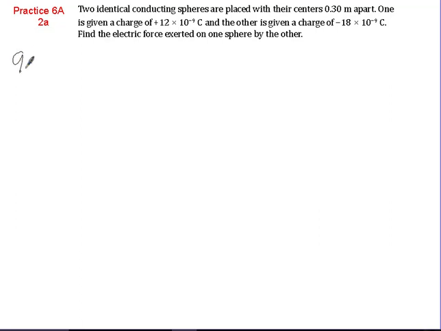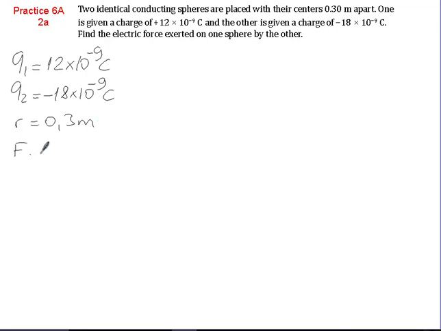Again the charges are given. Q1 is equal to 12 × 10 to the minus 9 coulomb. Q2 is minus 18 × 10 to the power of minus 9 coulomb. The distance between them is given, r is equal to 0.3 meters. The electric force between them is wanted.